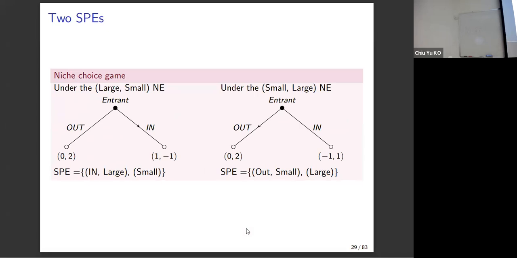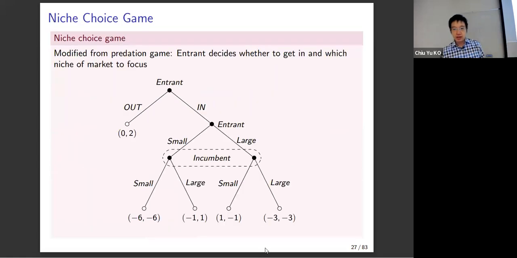So that means this model is not actually capturing everything there. You would think there may be something before the entry, where the incumbent can do something. If we put that in the model, then you have a new paper.